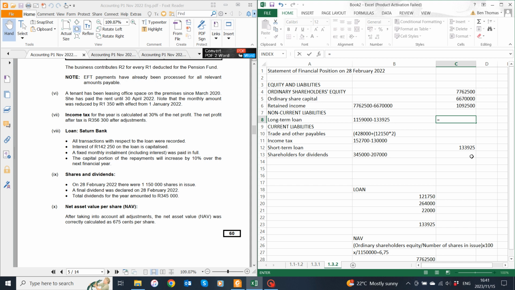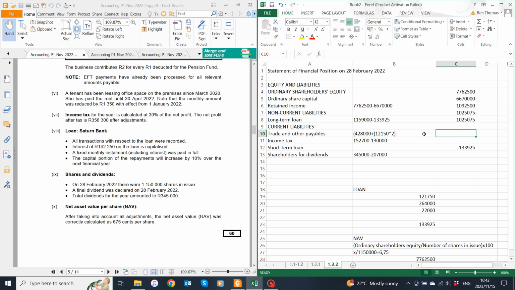So equals 1,159,000 minus 133,925. And this is the same value, so you're just going to copy and paste it there.